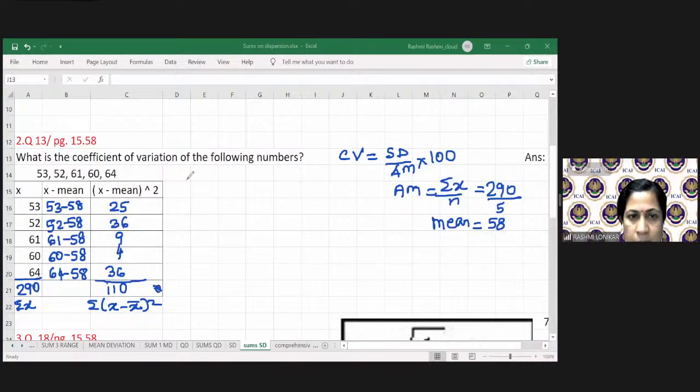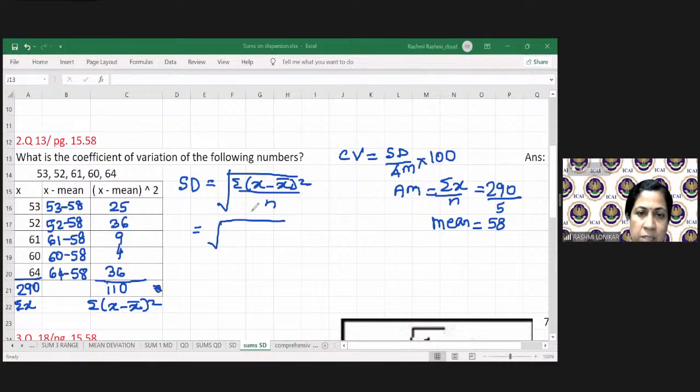So what is my standard deviation? Standard deviation is square root of summation of x minus x bar whole square upon n. So how much is this? This is square root of, how much is x minus x bar whole square? 110 upon how much is n? 5.